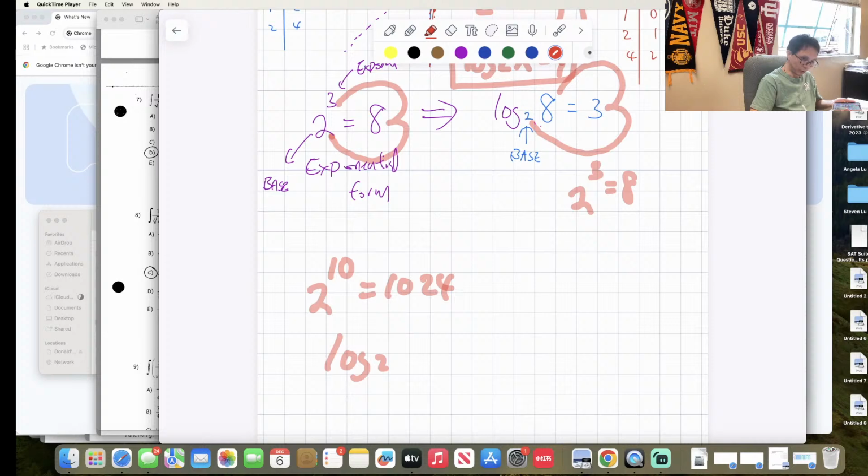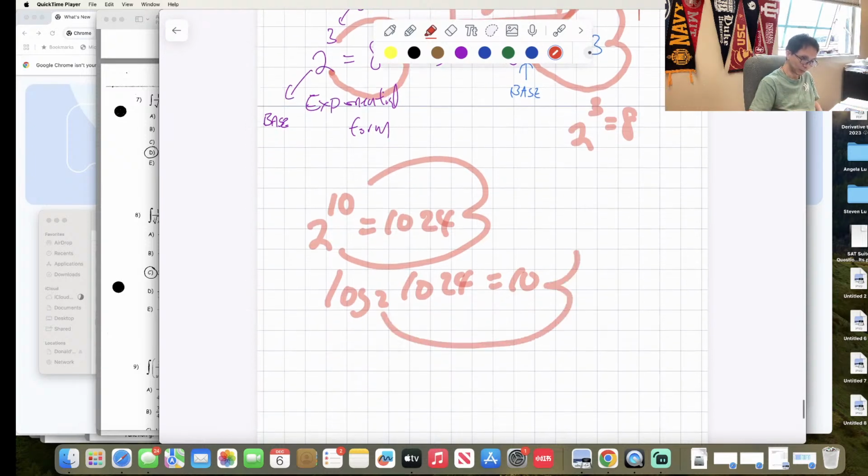Log 2, 1024 is equal to 10. Good job. You can convert back if you want to. So it'd be 2 to the 10 is equal to 1024. Got it? Very easy, right?